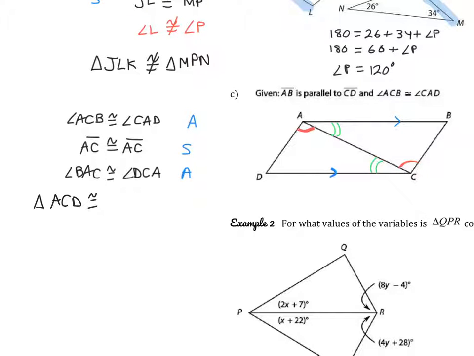Let's match up the corresponding parts. So A corresponds with C in the other triangle. C in this triangle corresponds with A in this triangle. And then D corresponds with B. So it's really important that you mark up your picture with the appropriate symbol, so it's easier to determine the corresponding parts.